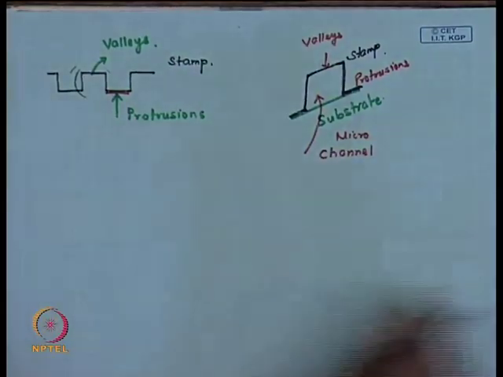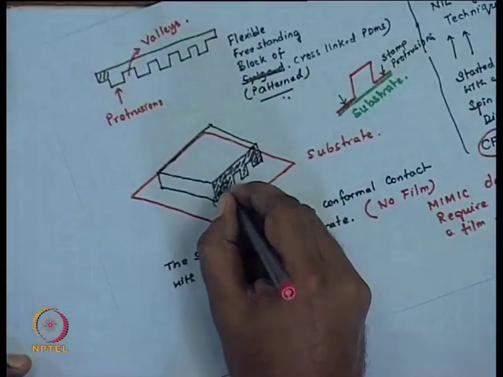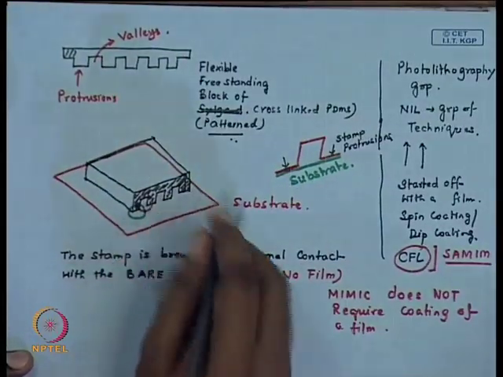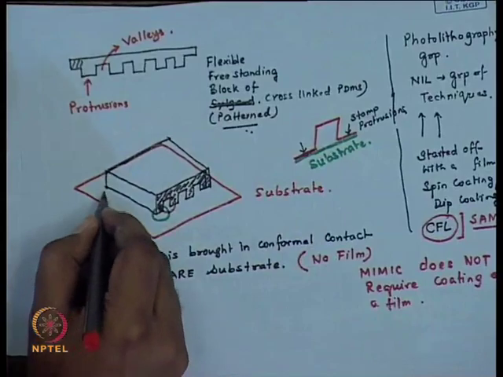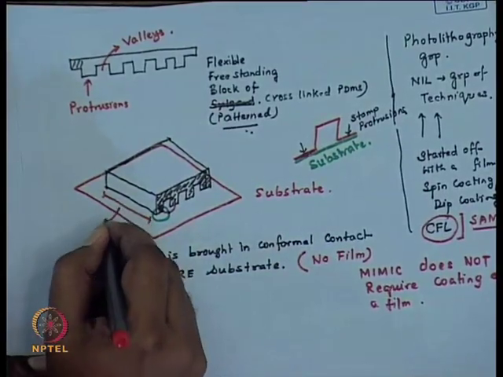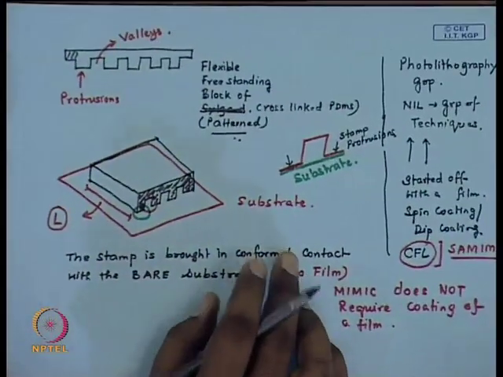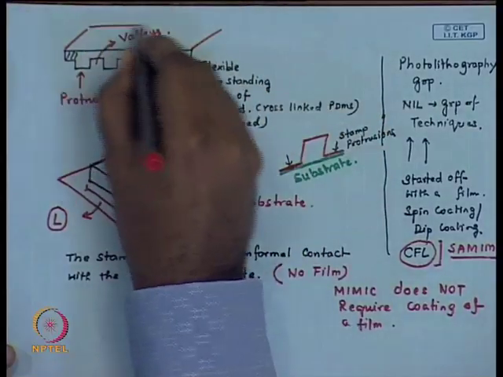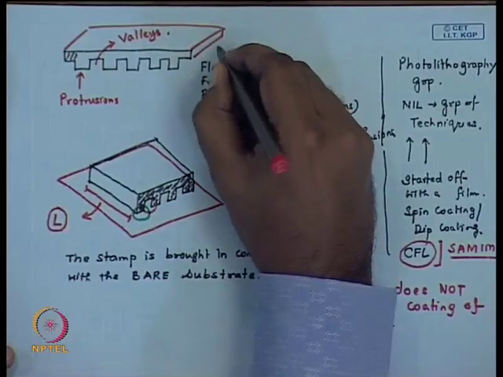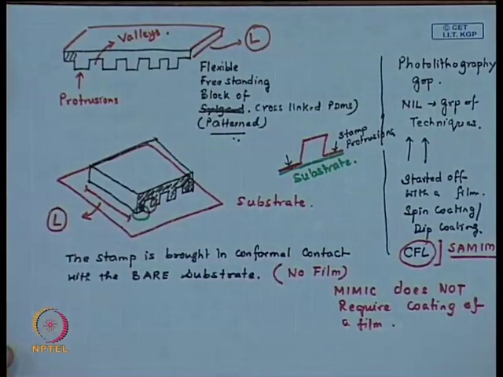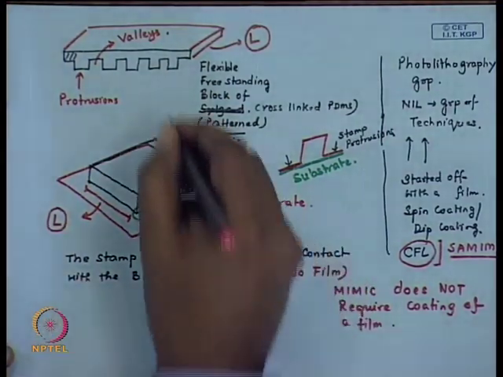And each of these areas corresponds to 1 micro channel, and the channel length is identical to the length of the stamp. So, if this is the stamp and this is L, each channel now has a dimension.